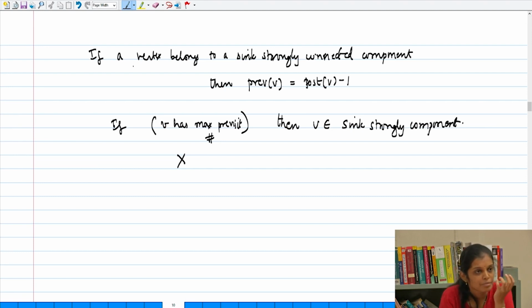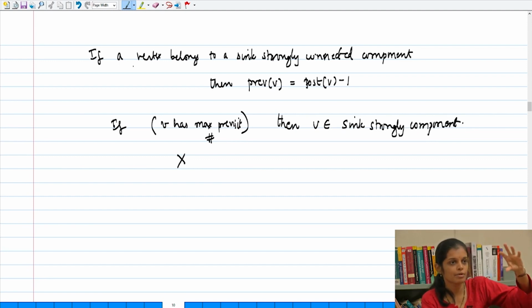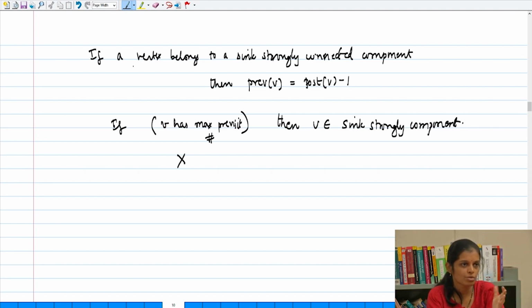You can say some statements about, take a vertex, does it have pre-visit and post-visit number larger than something, and so on, of all vertices, but other than that these components are not given to you. Those statements may be true, but they don't help us find a vertex belonging to a sink strongly connected component.